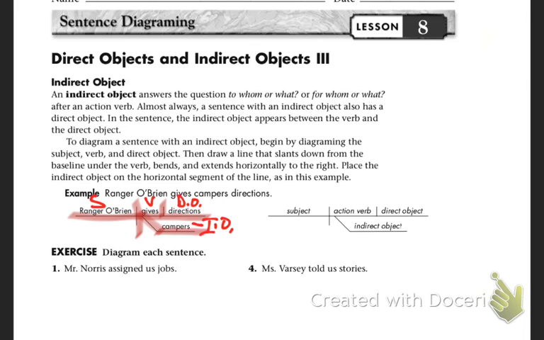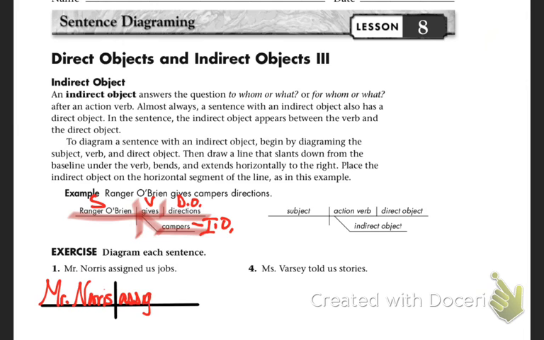Yeah. Okay. So let's take a look at the first sentence. Mr. Norris assigned us jobs. What do I need first? The baseline. Who are we talking about? Mr. Norris. What does Mr. Norris do? So we need the subject predicate line. He assigned.